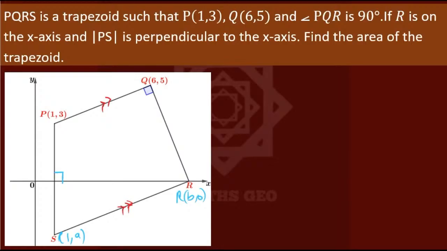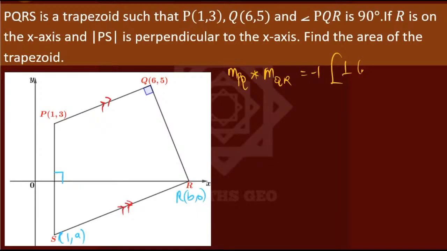Since PQ is perpendicular to QR, the product of their slopes will be minus 1. So for perpendicular lines, the slope of PQ, let's use m_PQ, times that of QR will be minus 1. Why?